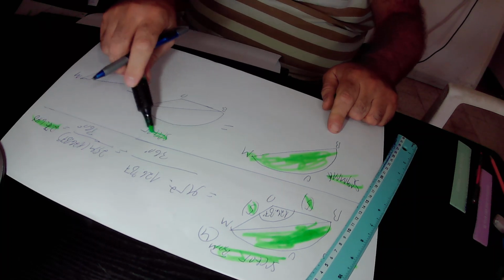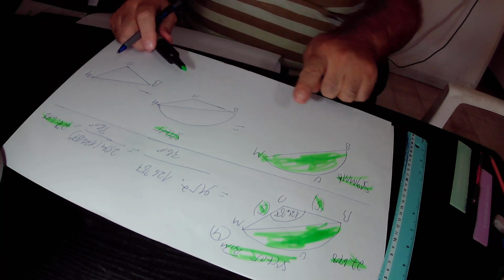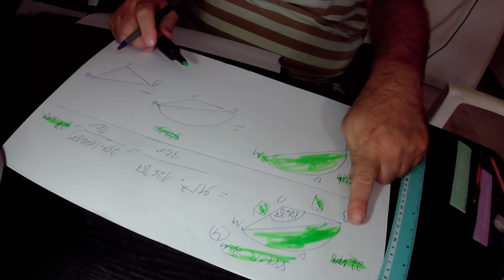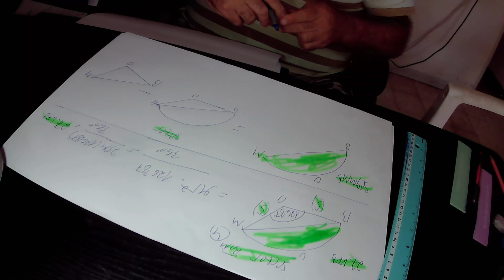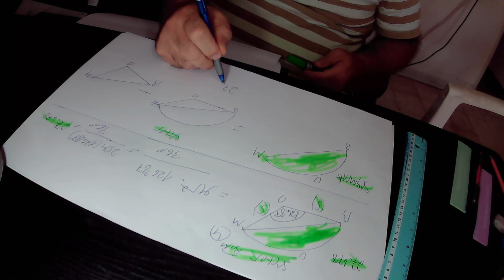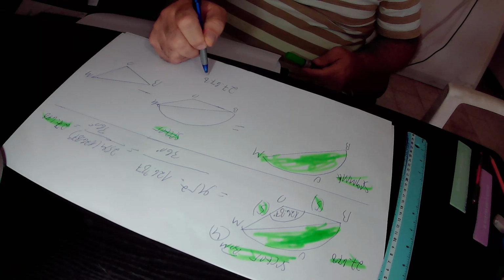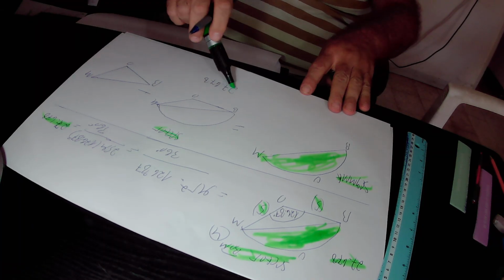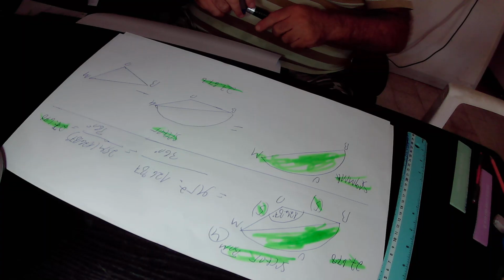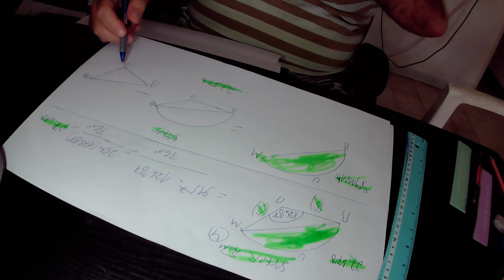We already found out that the area of this sector BOM equals 27.678 square inches in size, minus the area of this triangle BOM.